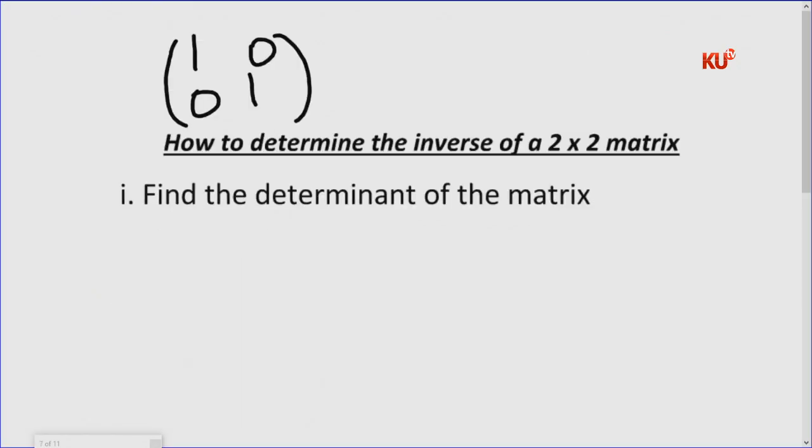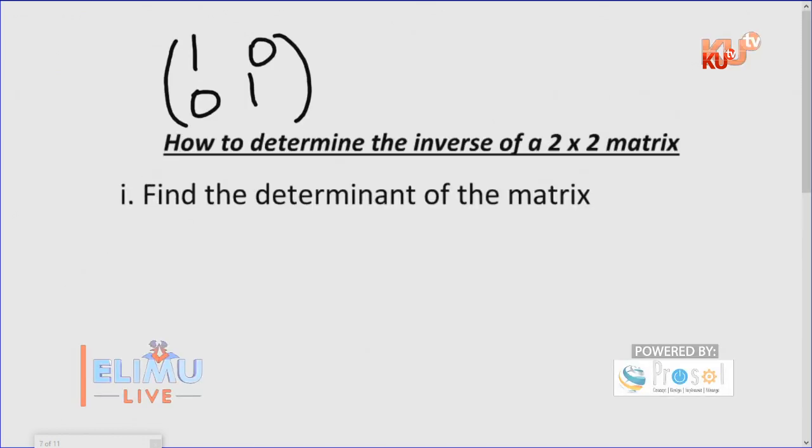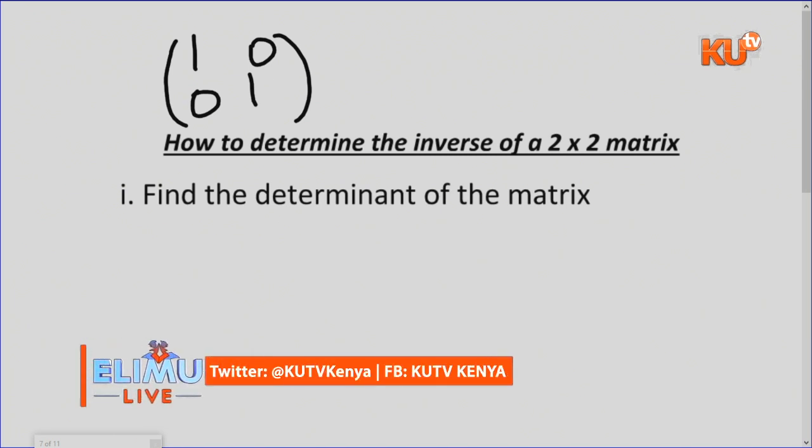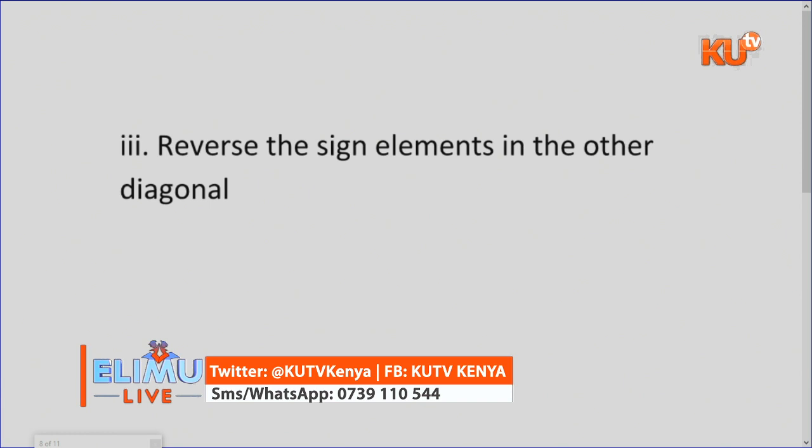Again, this is the procedure that I've highlighted before. If you want to determine the inverse of a 2 by 2 matrix, number 1, you find the determinant of the matrix. Determinant is simply the product of elements in the leading diagonal minus the product of elements in the other diagonal. Step number 2, you reverse the signs of elements in the other diagonal.